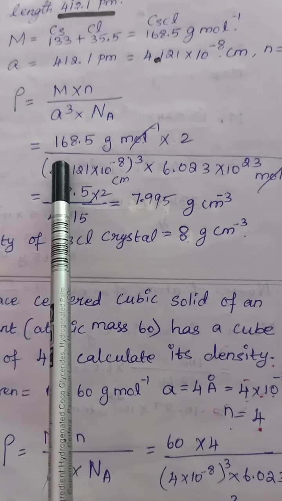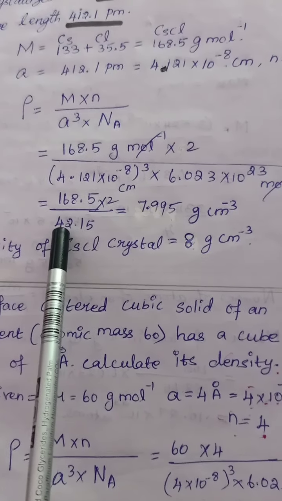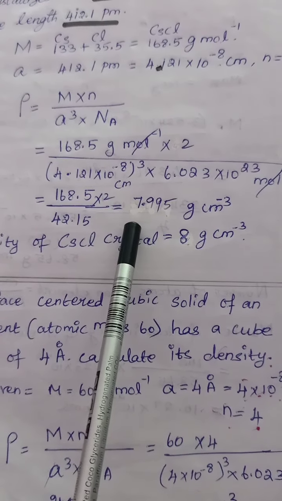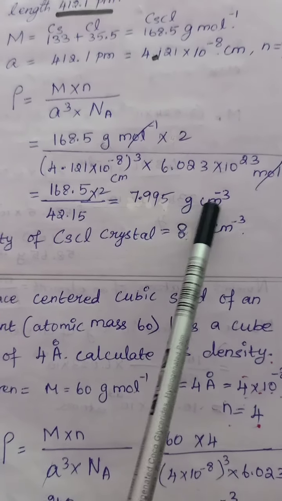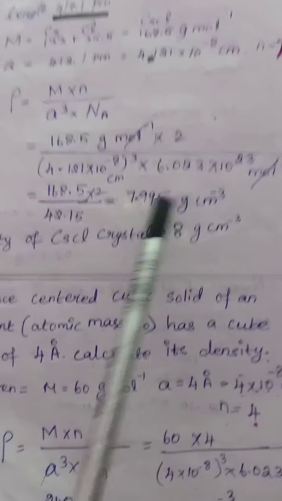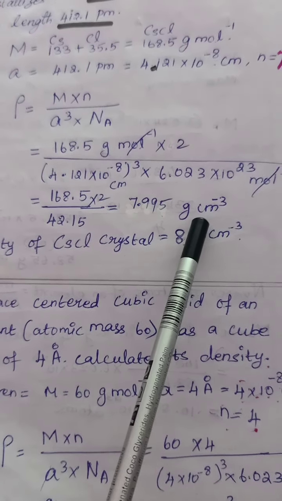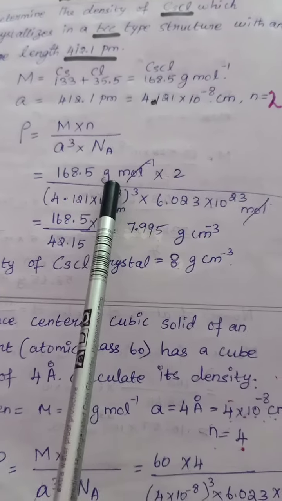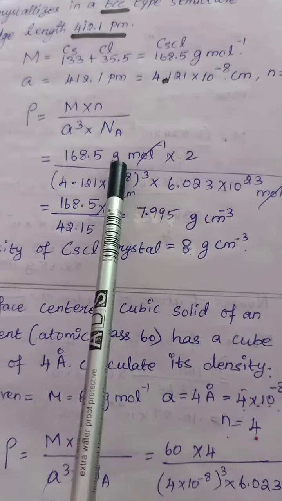Then the above value, 168.5 into 2, you multiply and divide by this. Then you will get the value 7.995 gram centimeter minus 3. Gram centimeter minus 3 is the unit of density because here mole is cancelled, then gram is balance.